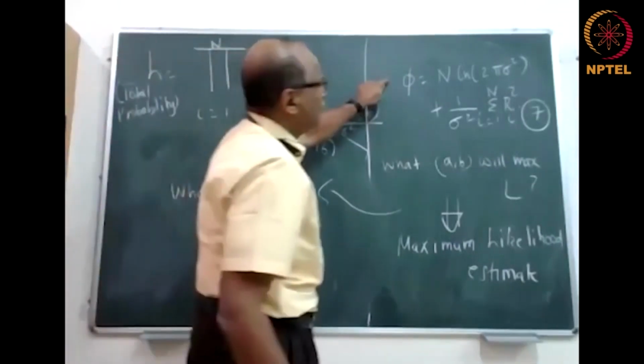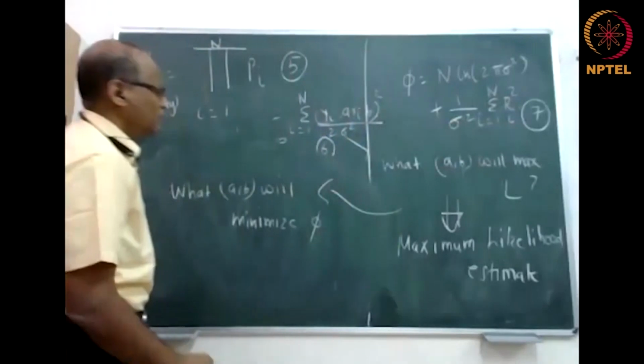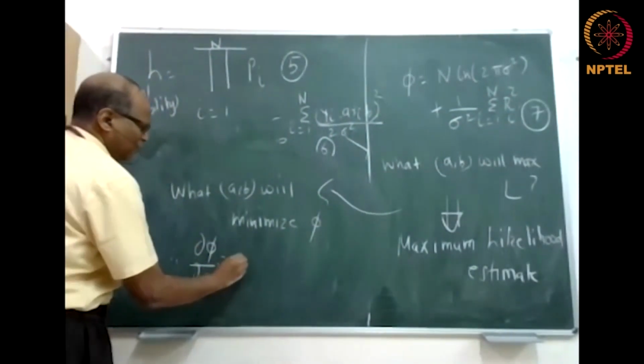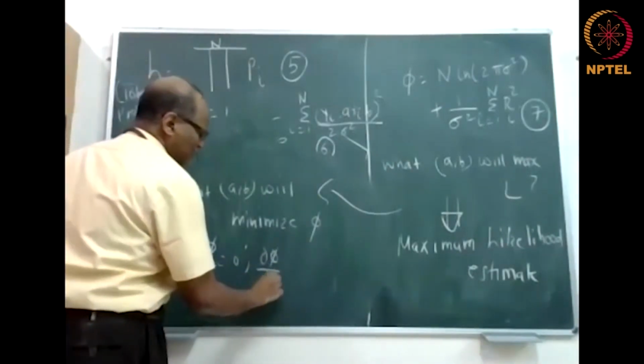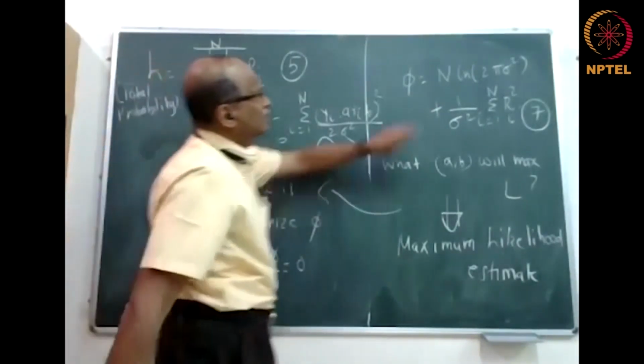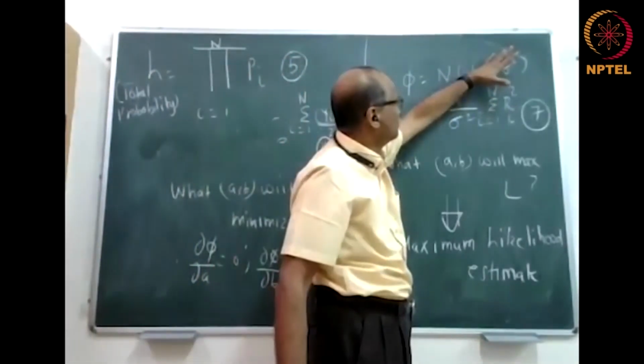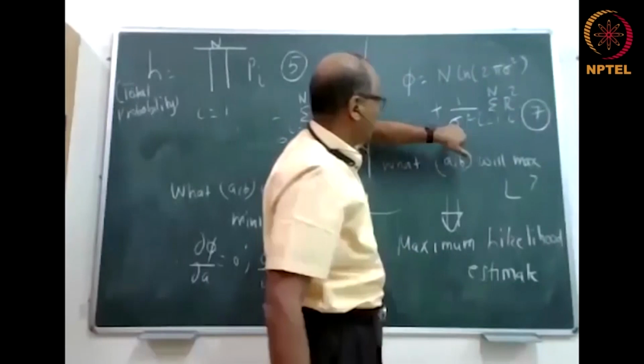Therefore, phi is a function only of A and B. If I put dou phi by dou A equal to 0 and dou phi by dou B equal to 0, then anyway, the first term, n, is a constant, and sigma squared is also a constant, so this one will not have any effect.